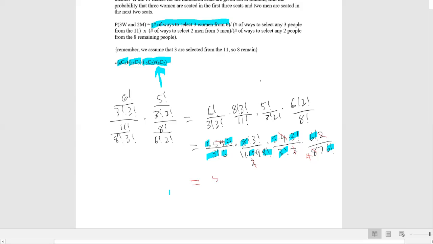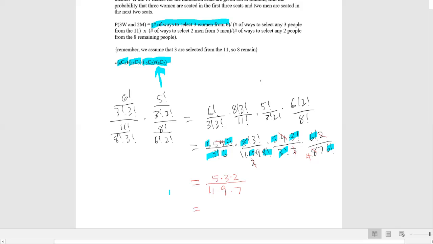We still have 5. We got this 3 factorial, so that's 3 times 2, and that's 8 up in the numerator. In the denominator, it looks like we just have an 11, a 9, and a 7. Okay, so finally, what is this, 30? Well, actually, I didn't see that 3.